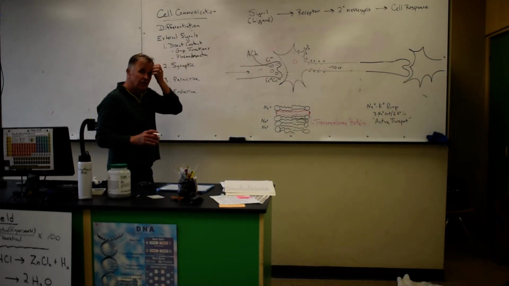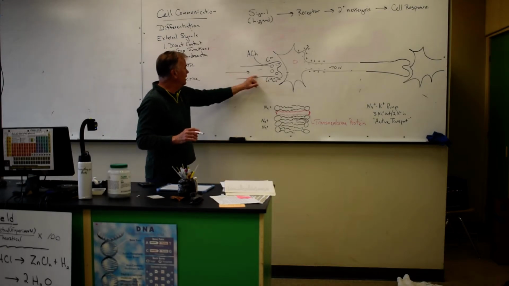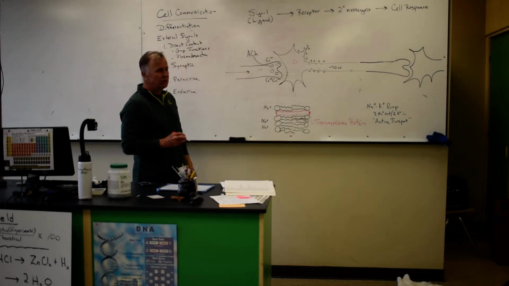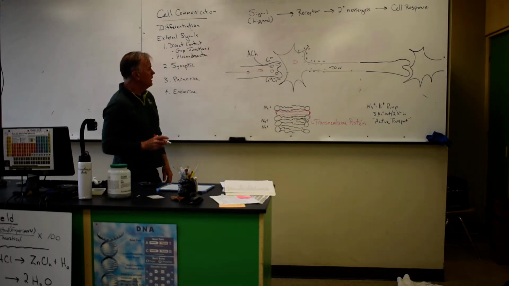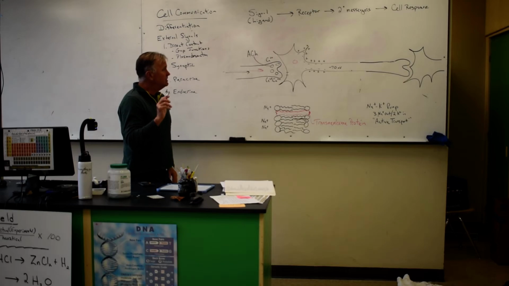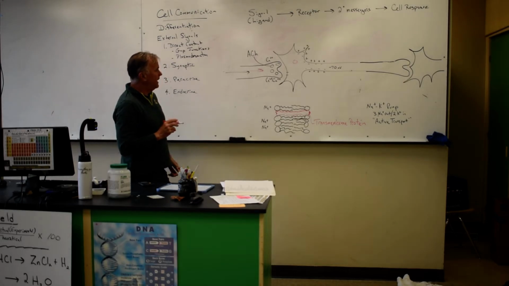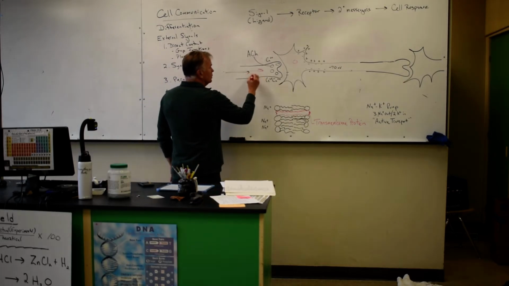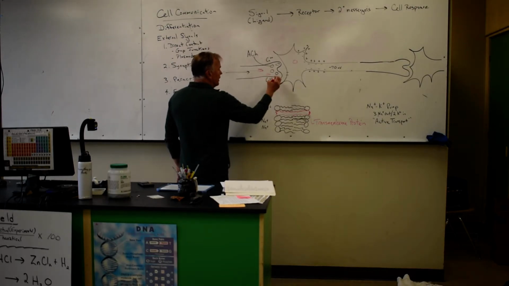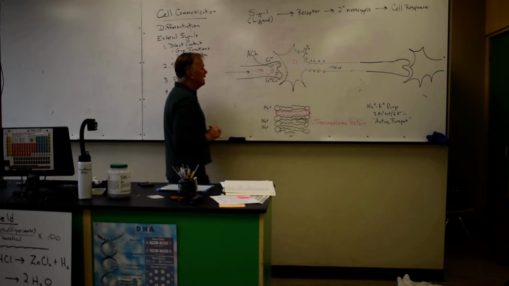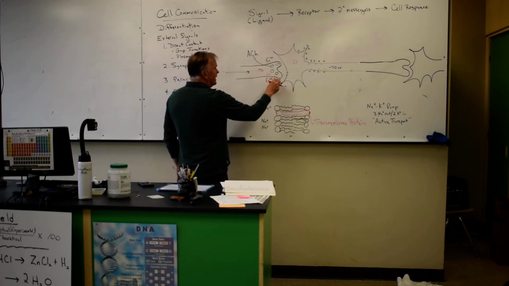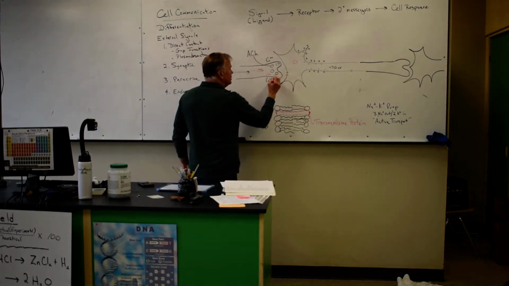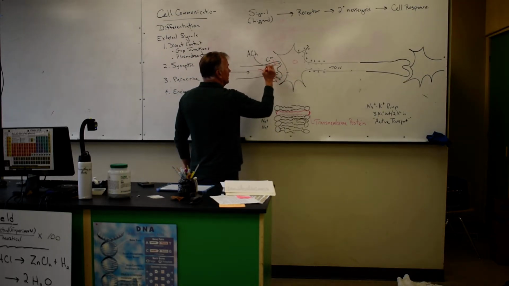So here's what happens. We have a nerve or a voltage transmission going down here. At the end, this is called a voltage-gated ion channel. When this voltage gets to the end, it triggers a conformational change in receptor molecules, an ion gate which allows calcium into the end of the axon.